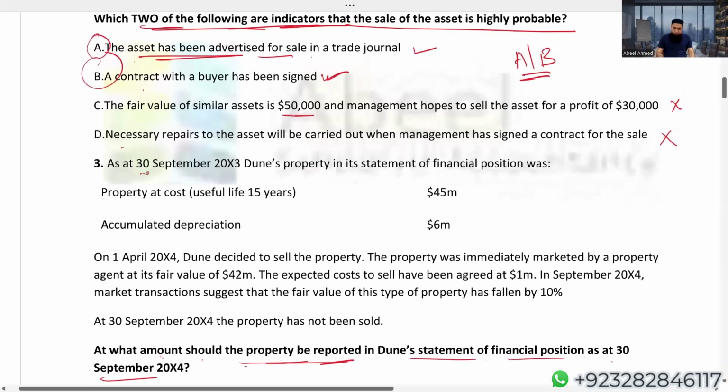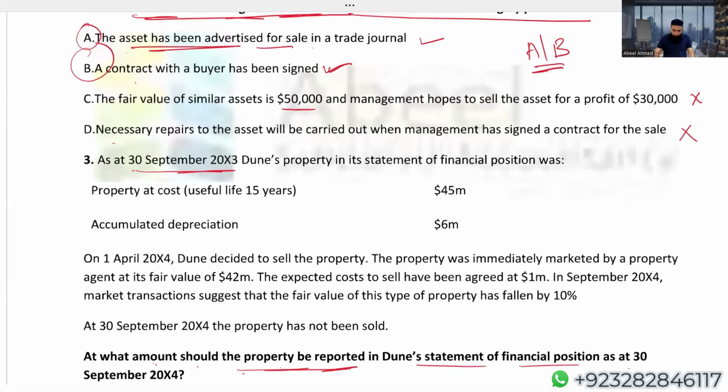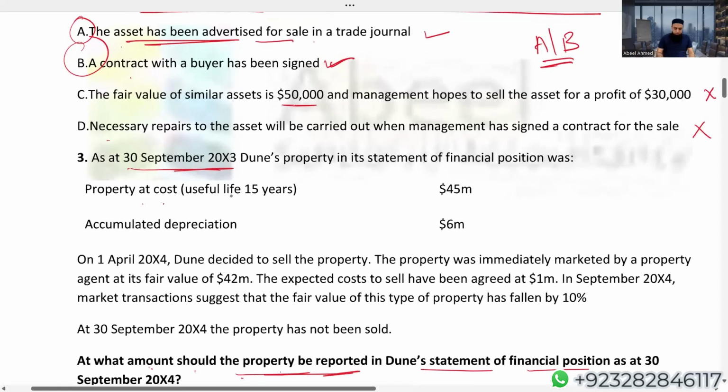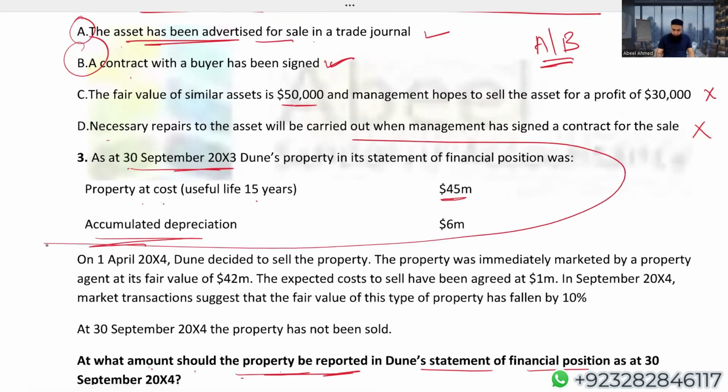As at 30th September X3, Dune's property in its statement of financial position was property at cost, useful life is 15 years, 45. Accumulated depreciation, they are giving you the information on this date. And you have to show what is the property carrying amount on SOFP on 30th September X4 after 1 year.